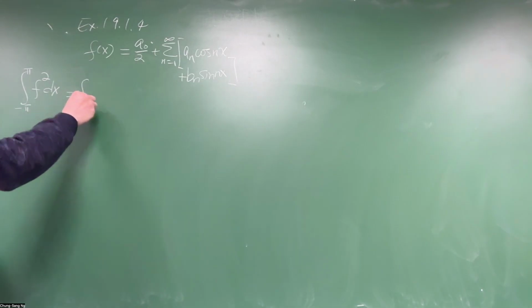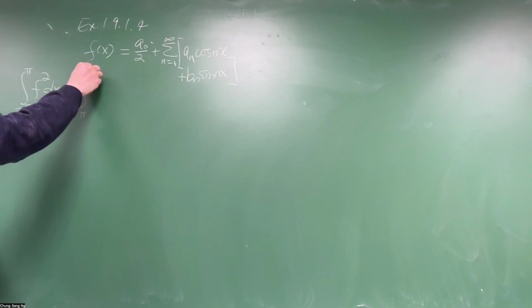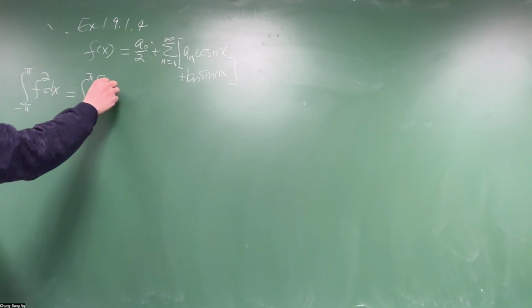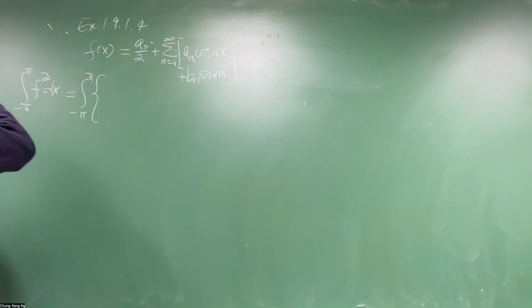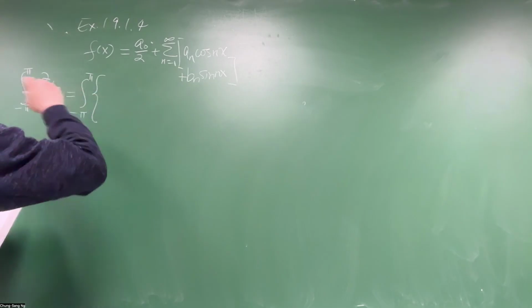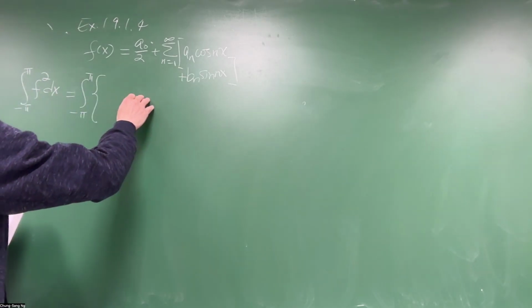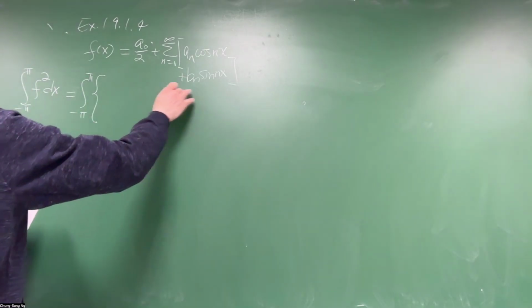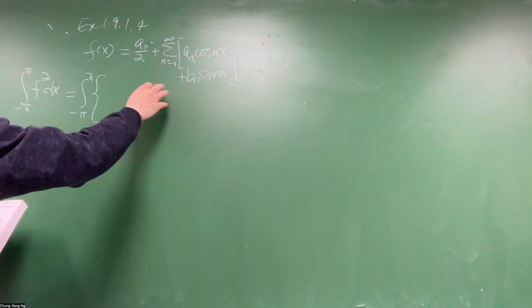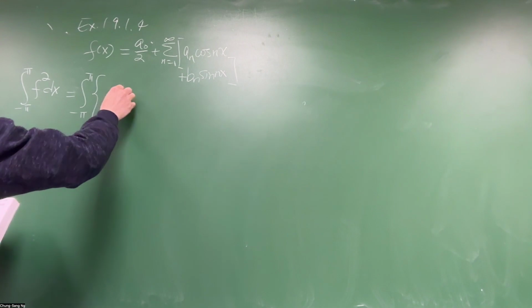That is, integrating from minus pi to pi, and you have the square of this one. To write the square, instead of writing a square, you write two series.